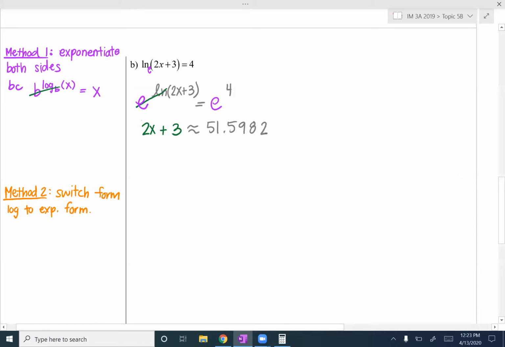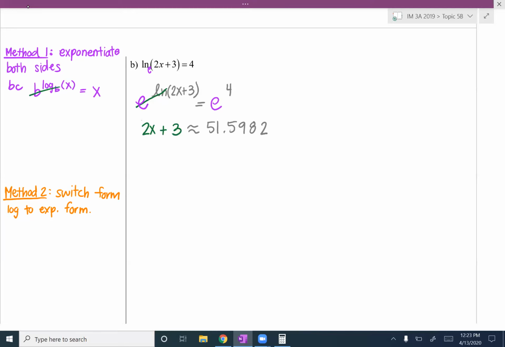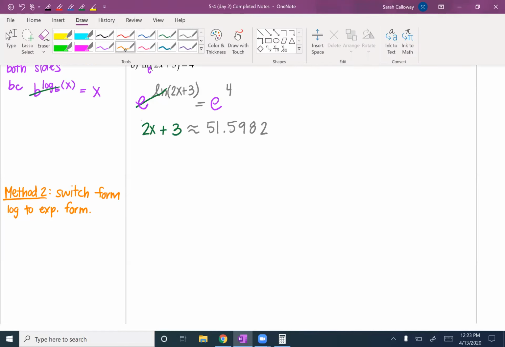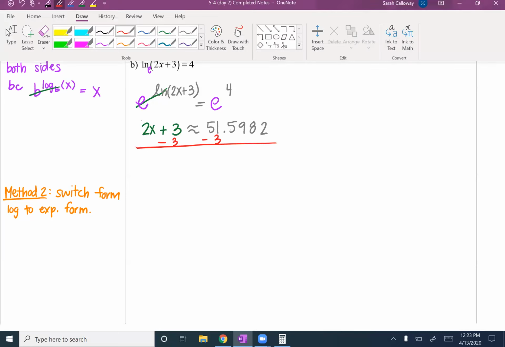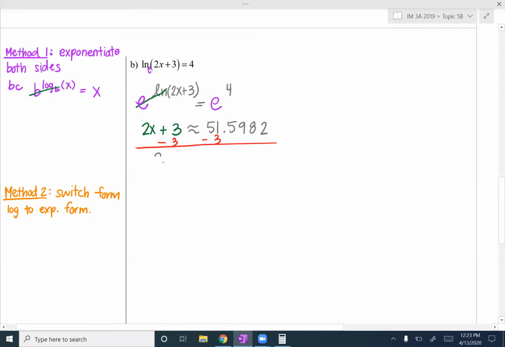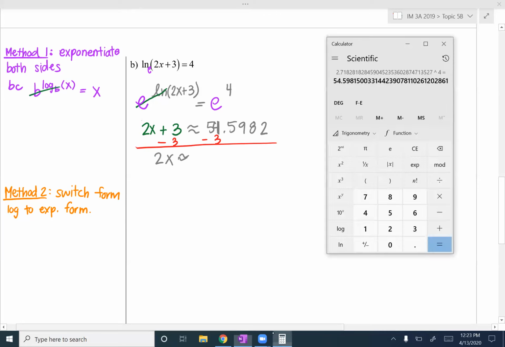And so if I want to solve this for x, I've got a couple things that I need to do. I need to get rid of the 3. So if I subtract 3 from both sides, that's going to give me that 2x is, oh, sorry, that was 54. I was looking at the next step, right? This was 54. Sorry about that.